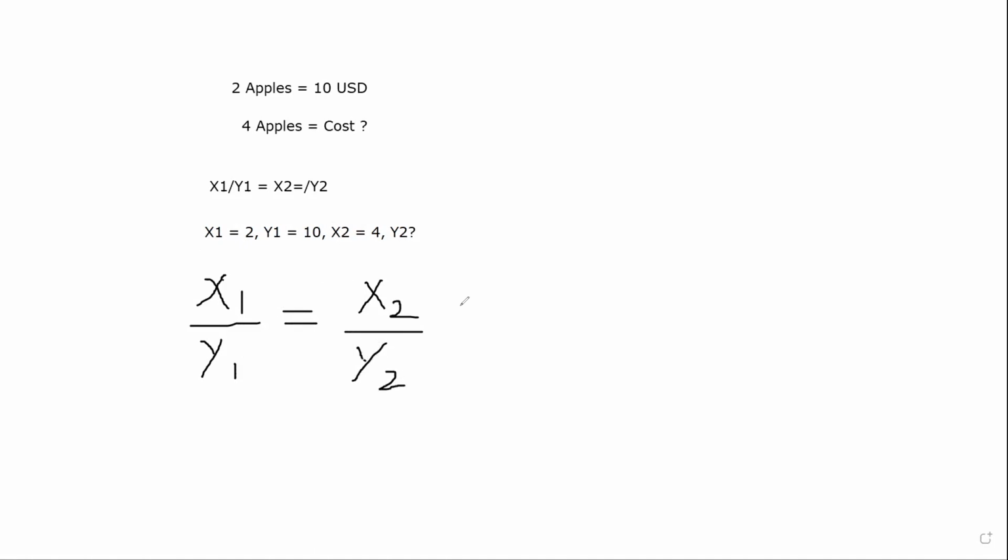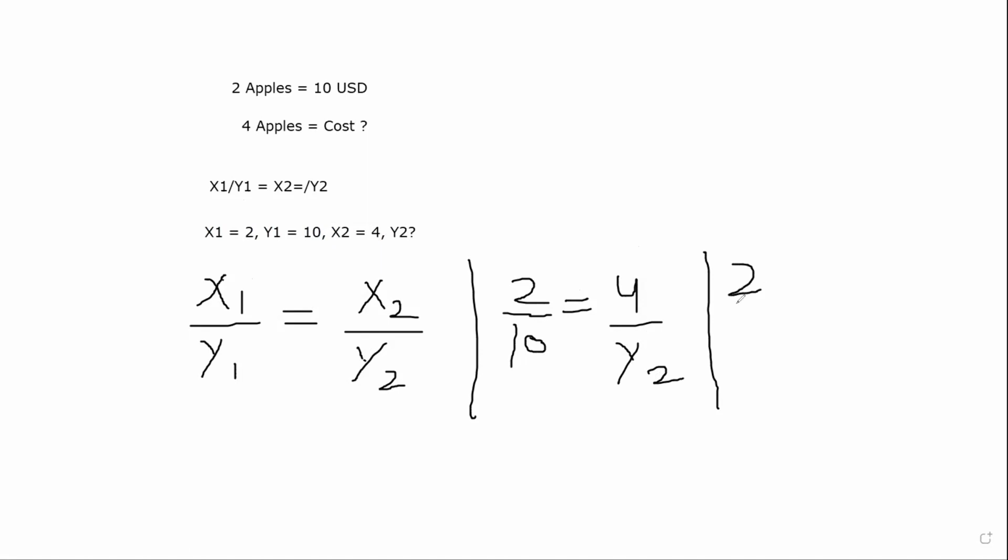Now we're going to plug in the values. x1 is equal to 2, y1 is equal to 10, x2 is equal to 4, y2 is unknown. So we need to figure out the value of y2. 2 divided by 10 equals 4 divided by y2.